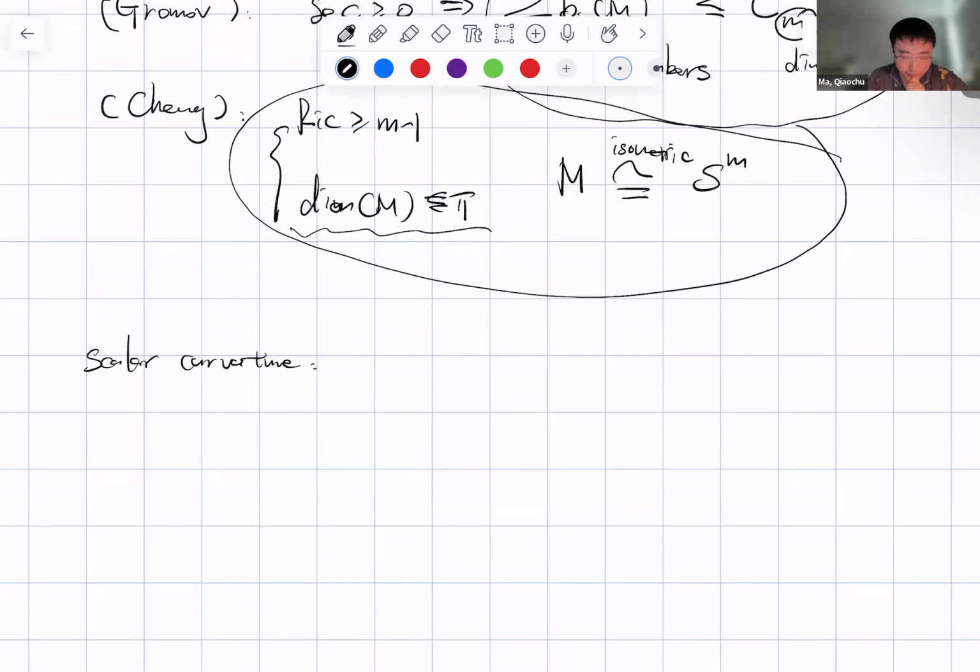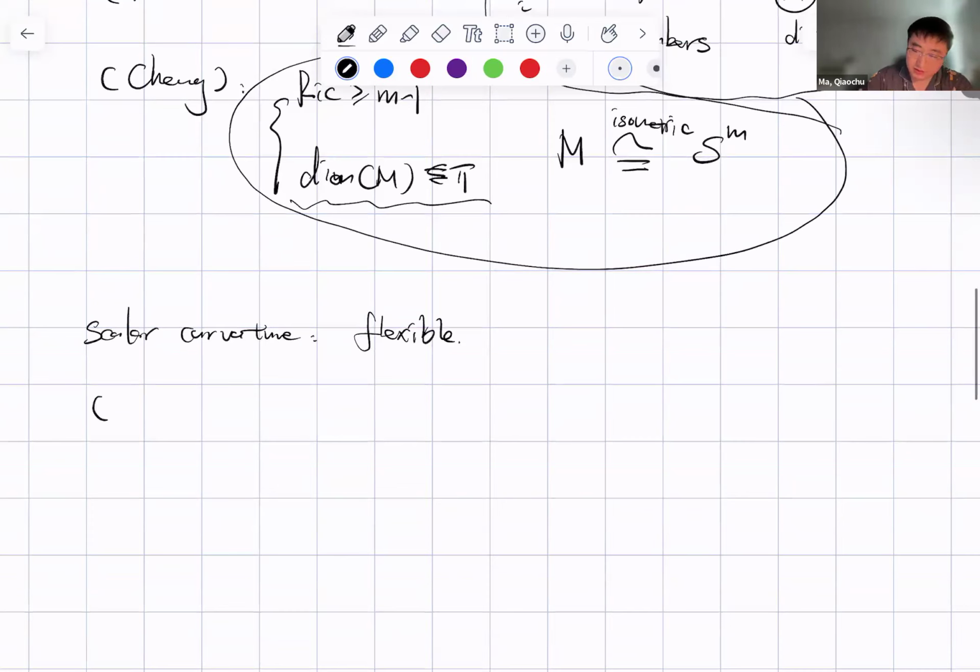And scalar curvature is very flexible. Let's recall the theorem by Kazdan and Warner.